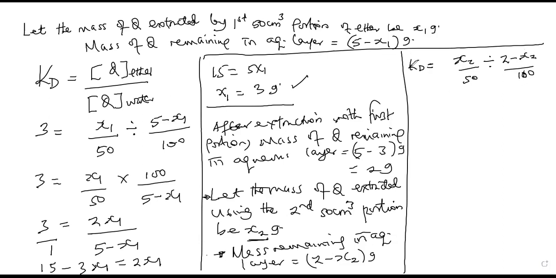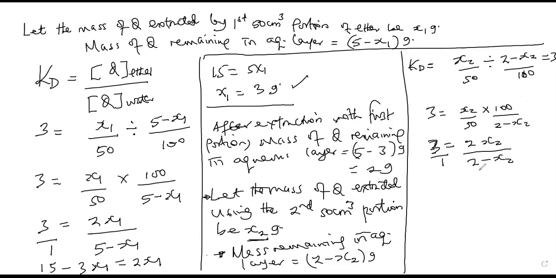But you know Kd, our Kd was 3. I forgot to put it here. So it means that 3 is equal to x2 over 50 times the reciprocal, 100 over 2 minus x2. This one still will make it 2x2, so it will be 3 is equal to 2x2 over 2 minus x2.